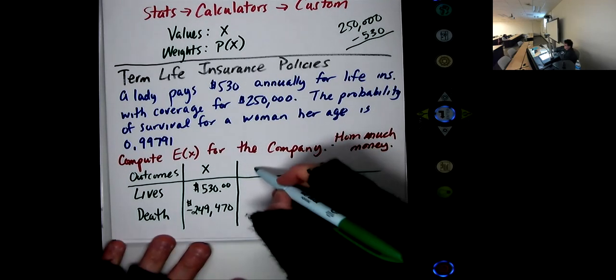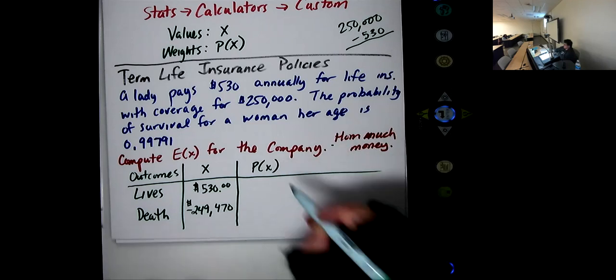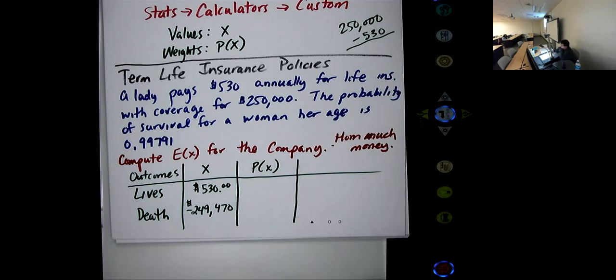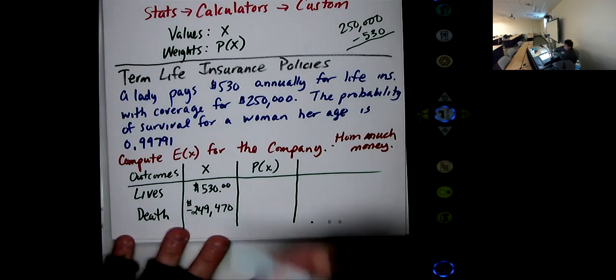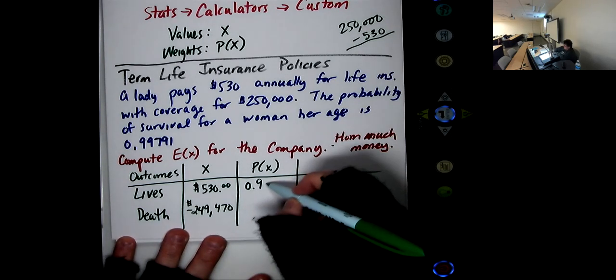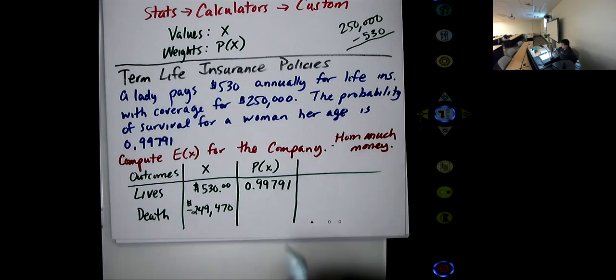What's my P of X here? If the woman survives, it's 0.99791. They don't ever tell me the probability of her dying, though. How can I get the probability of her dying?